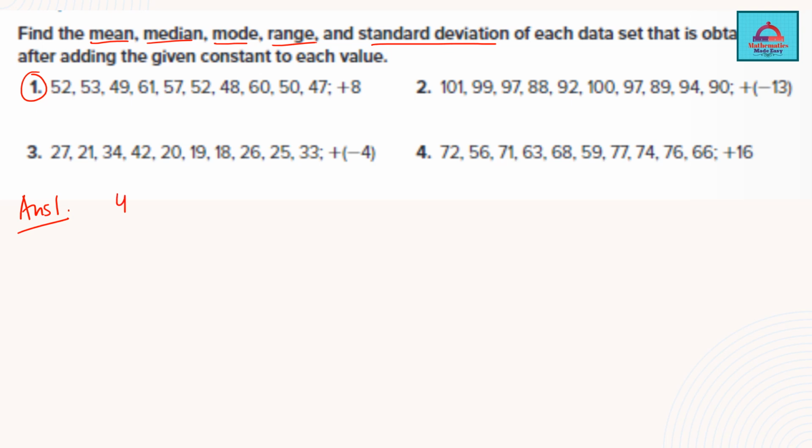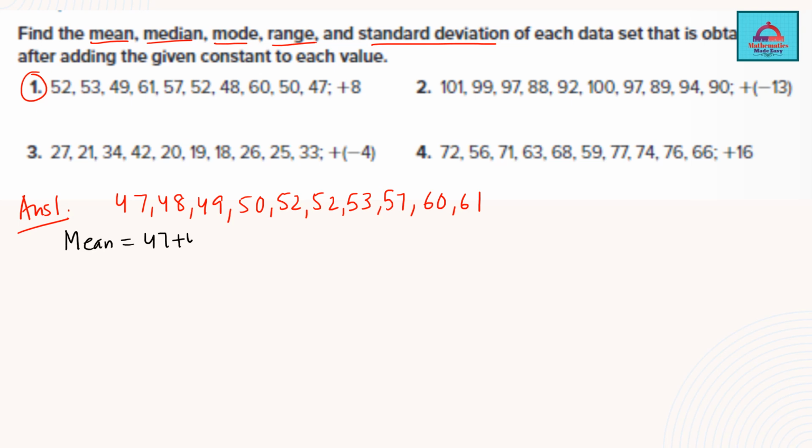So the minimum number is 47, then 48, 49, 50, 52, 52, 53, 57, 60 and 61. Now after you arrange in ascending order, for mean you are going to add all the numbers.